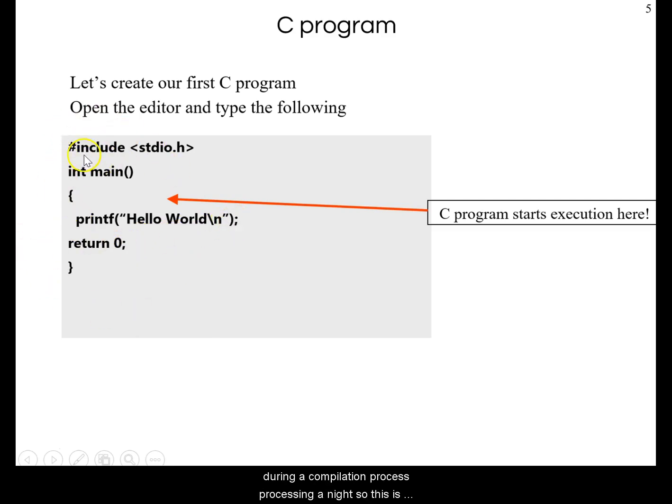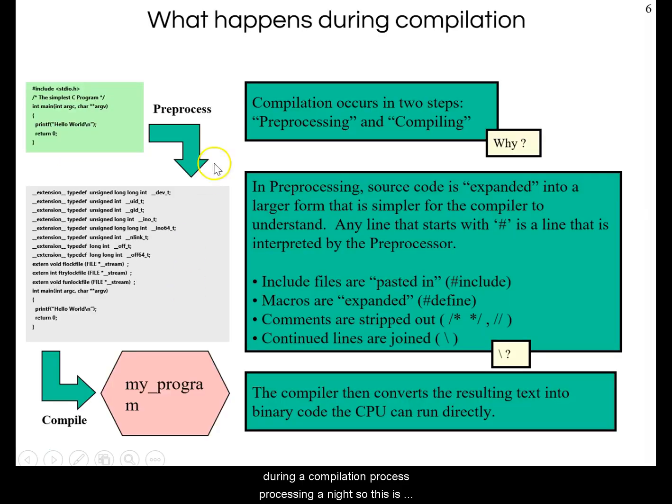Now let's move on to see what happens during a compilation process. During a compilation, the first step is called pre-processing. This is how it looks like. In the pre-processing step, the entire contents of stdio.h get expanded like this. The source code does not get updated, but what happens during the compilation is that stdio.h gets expanded and included.